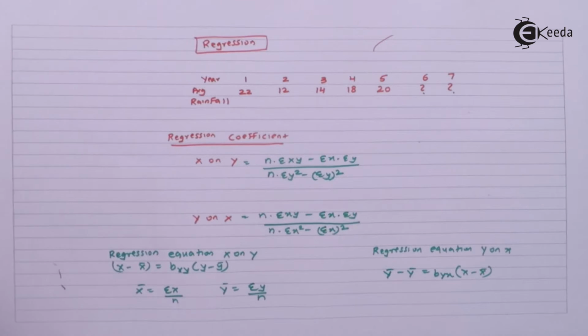For example, x on y will be used to find out x when the value of y is given in the problem, and y on x shall be used to find out y when x is given in the problem.